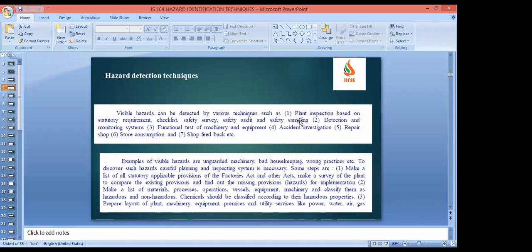Planned inspection based on the statutory requirement or based on a checklist, safety survey, safety audit or safety sampling. And also detection and monitoring systems, functional tests of machinery and equipment, accident investigation, repair shop, store consumption, and also shop feedback. These are the various techniques we can use for the identification of a visible hazard.